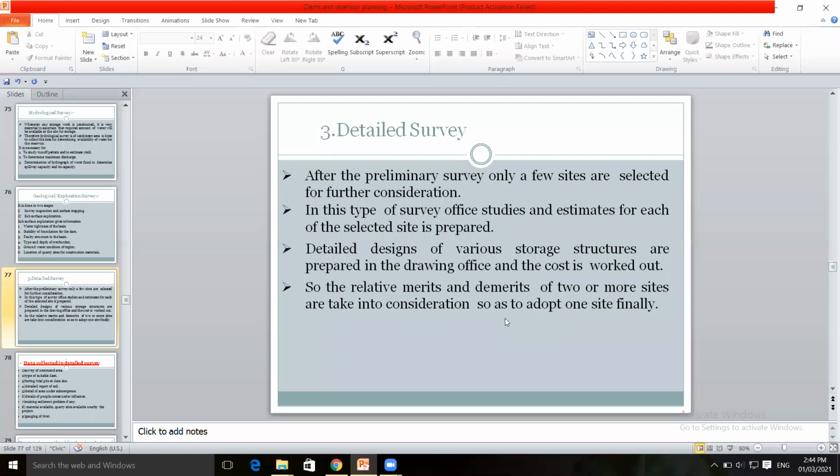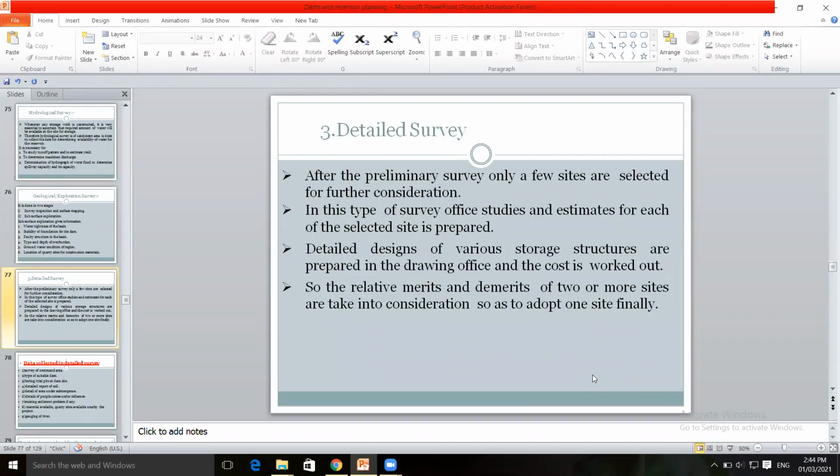The site which fulfills all the criteria and factors, topographical features, geological conditions, and whether it is economical or not, from the various considerations, roadway width, spillway location. So one site is finalized.